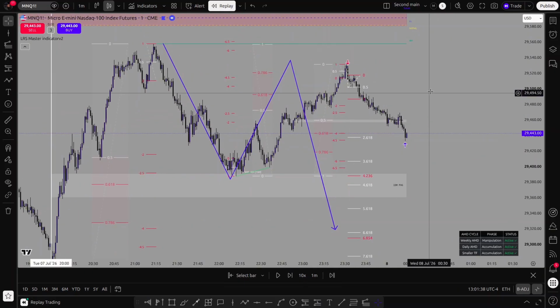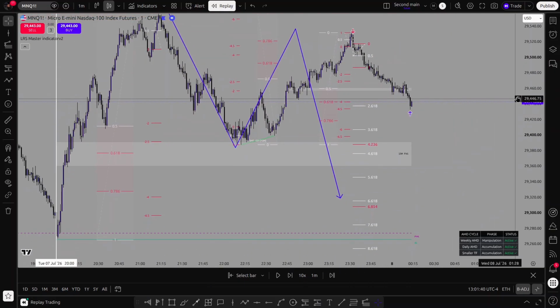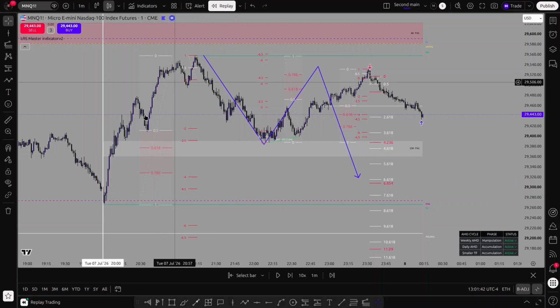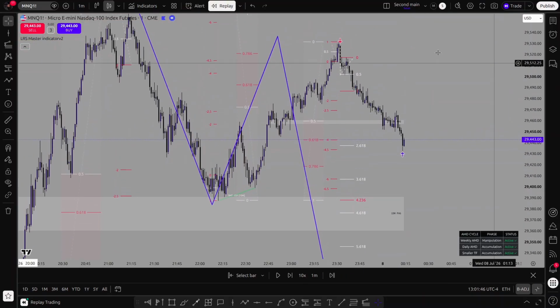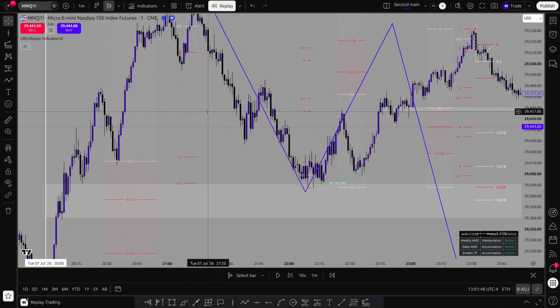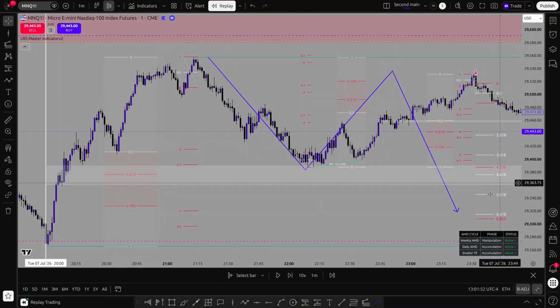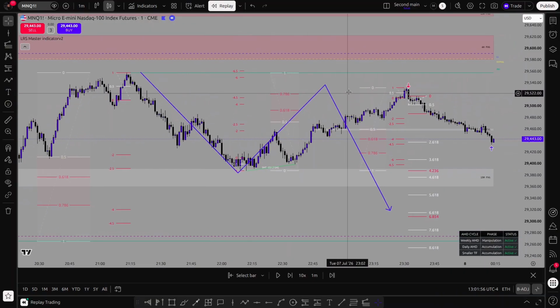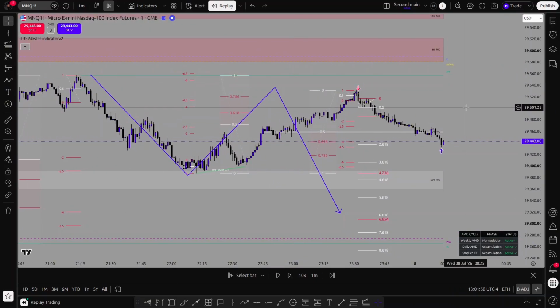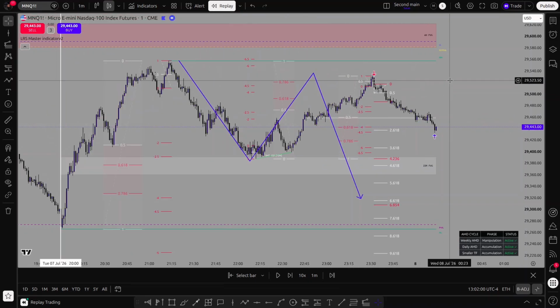This range of equilibrium is for this range specifically. This range of equilibrium is for the overall entire range, okay? But you can start seeing how the market, especially in a consolidation, respects algorithmic mathematical levels, okay? By math, I mean Fibonacci, okay?